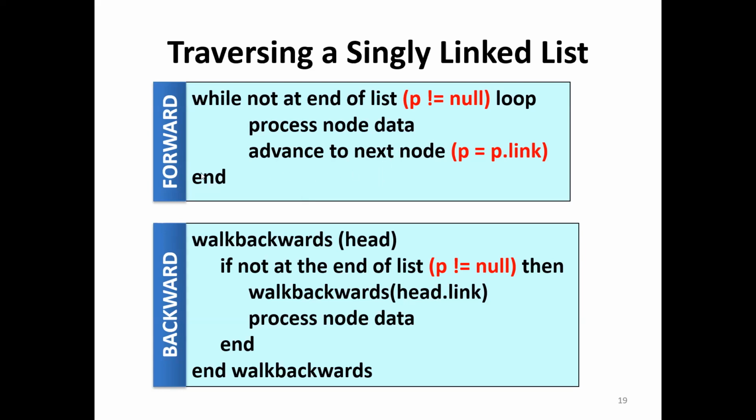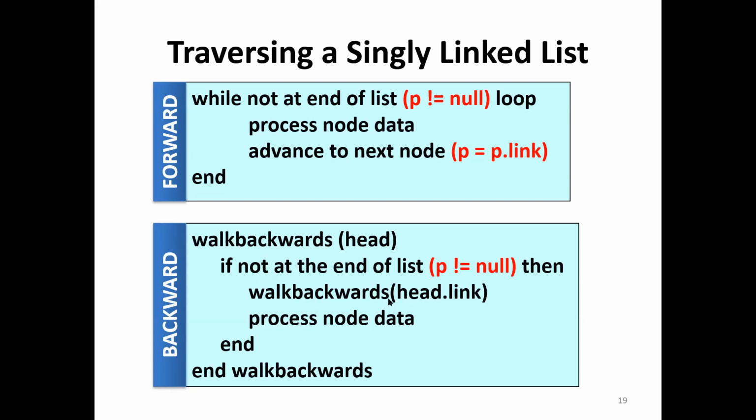The other part, which is the backward traversal, makes use of a recursive approach. If you look carefully here, you will see walk backwards, a recursive approach of walking backward.